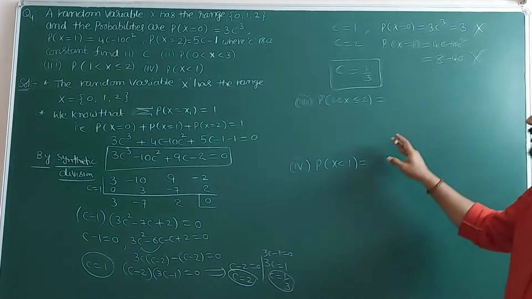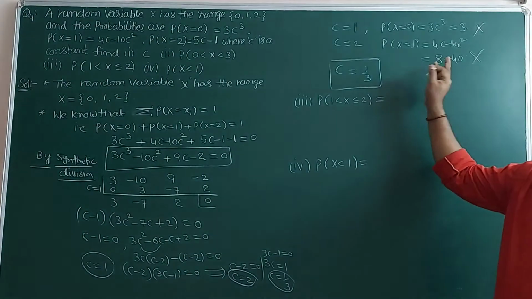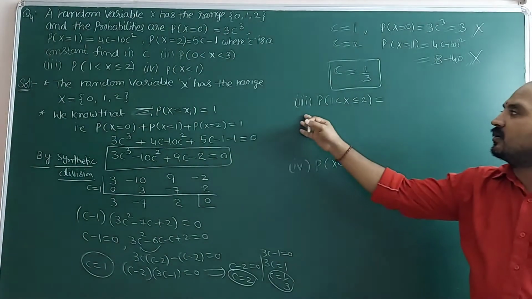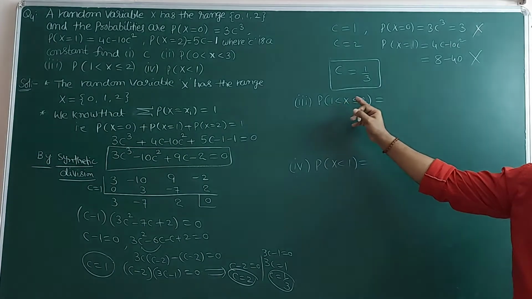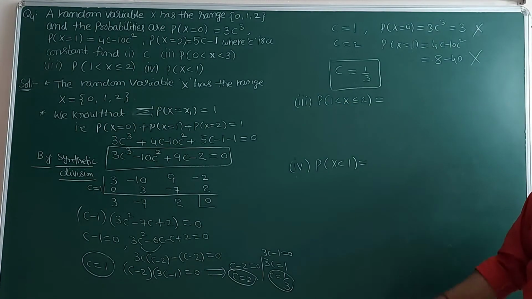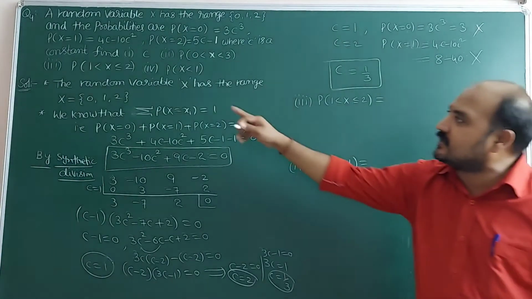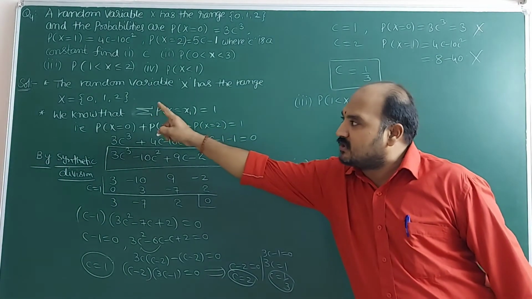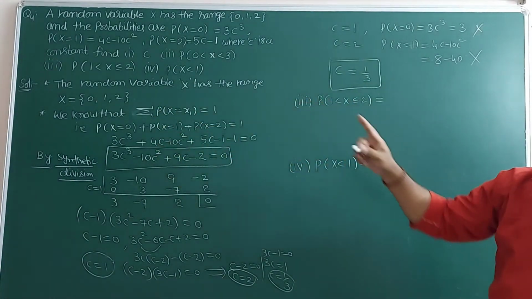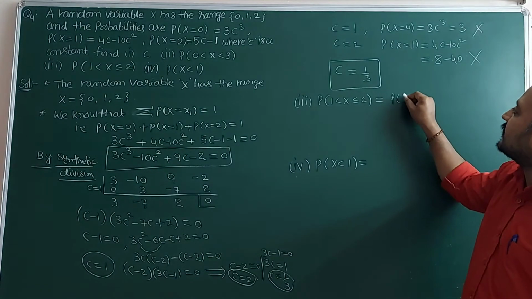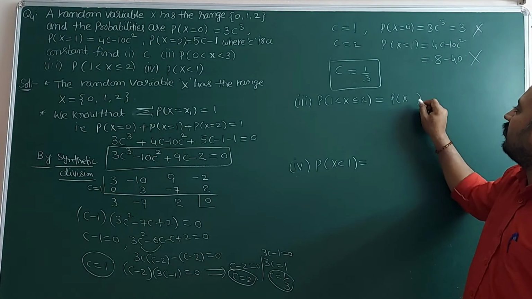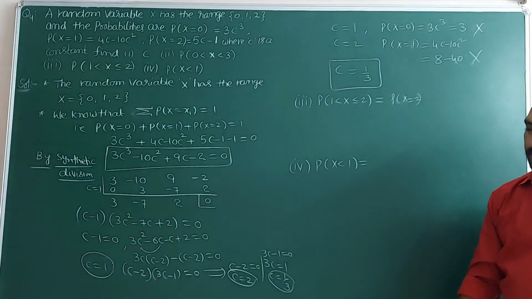Yeah, the next first question C value over, second value over. Next third question. Probability of 1 is less than x is less than or equal to 2. 1 is less than x means x is greater than 1. X is greater than 1 means among the 0, 1, 2, only 2 is there. No? So P of x is equal to 2. Sorry.